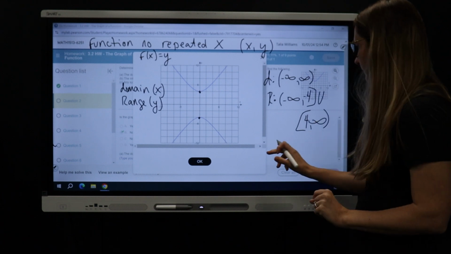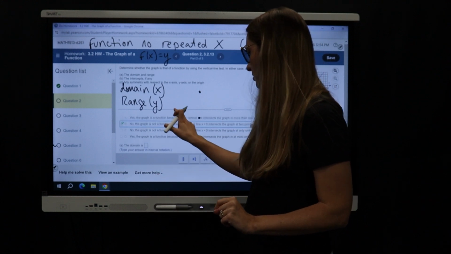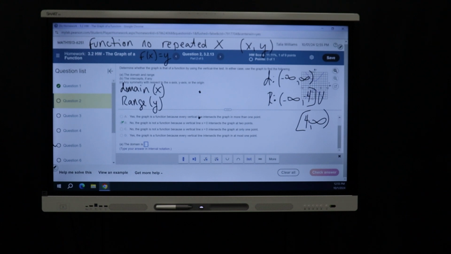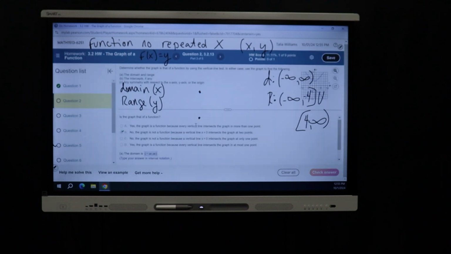Okay. Let's go ahead and get our domain in here first. Negative infinity to infinity for our x values. And then range is next, I believe.